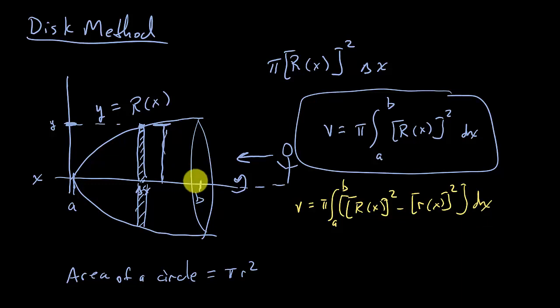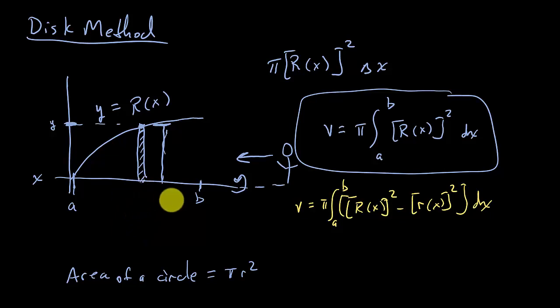Let's take a look at this one. Here's your volume using the disk method, but look at this. We know this is delta x, right? We've got this radius from here to here, that's the big radius, big R of x squared. Now, what's the distance from the line we're rotating about to the closest end of the rectangle, to this end right here?